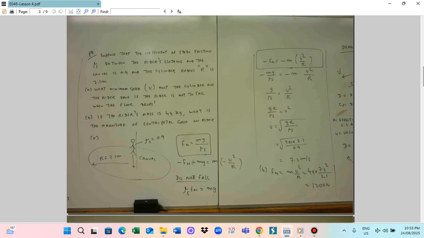So Fn can be calculated as mg divided by mu s. So the equation Fn minus mg is equal to m v squared by r, that equation we utilize. In this case, we substitute Fn as mg by mu s.